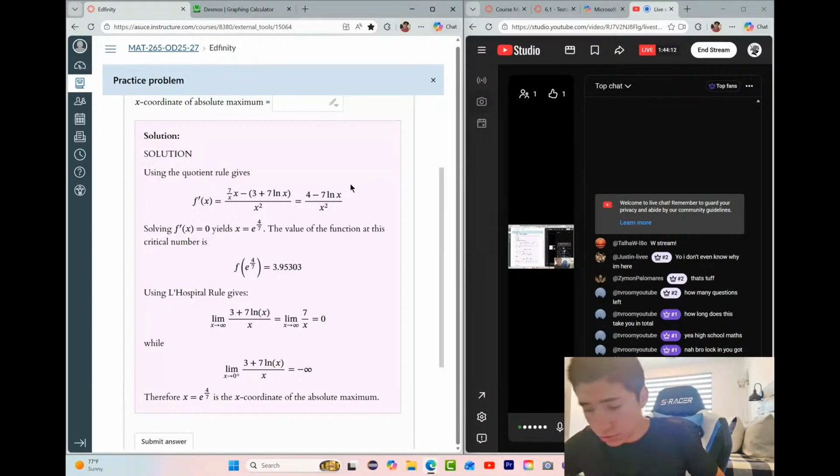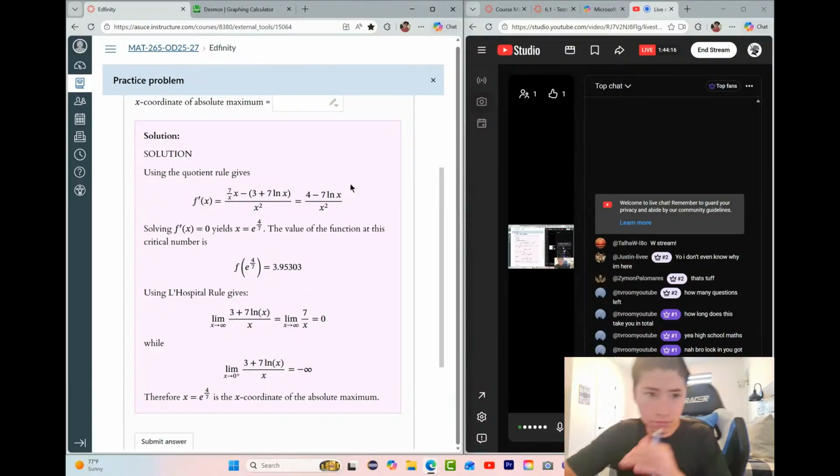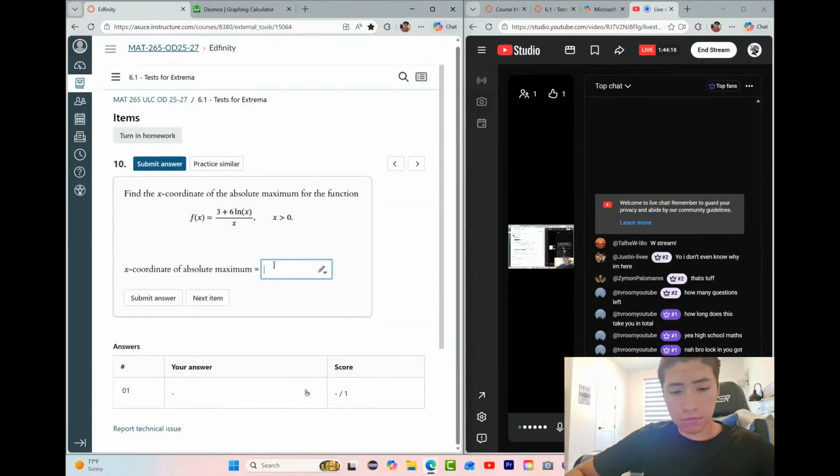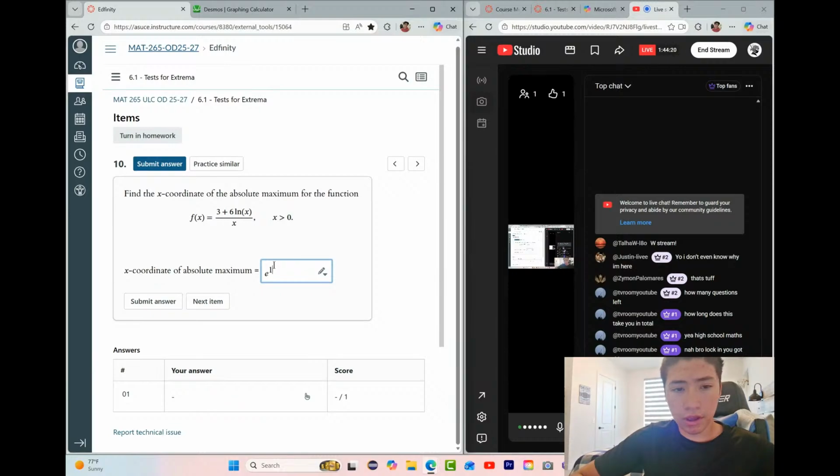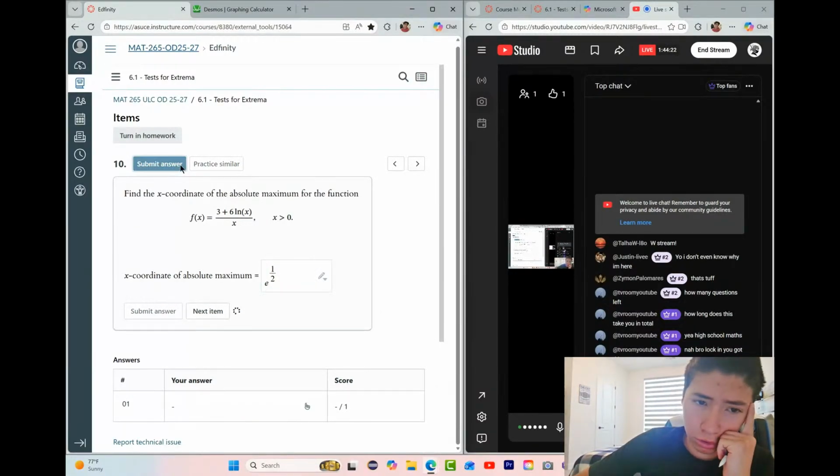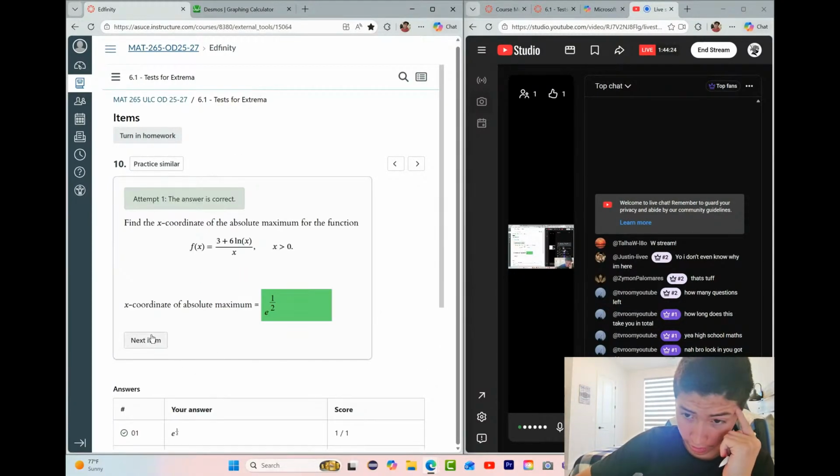So e to the power of 1/2. Yeah, right? After just using L'Hopital's rule, we find that the left and the right are different.